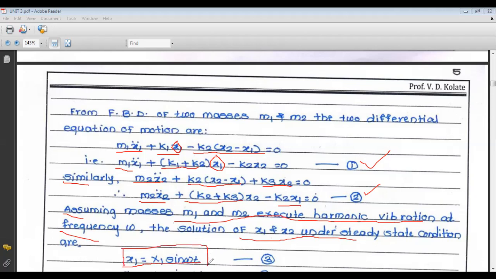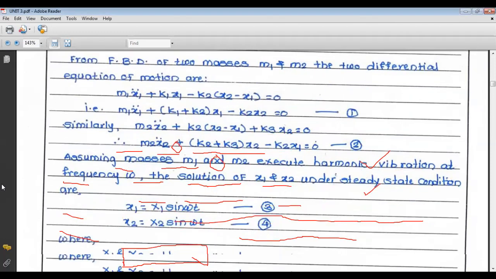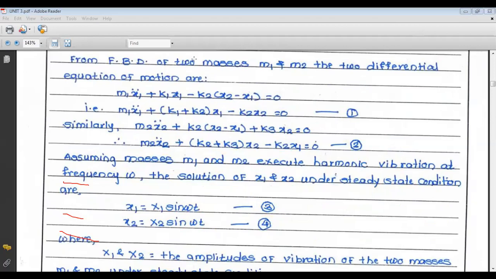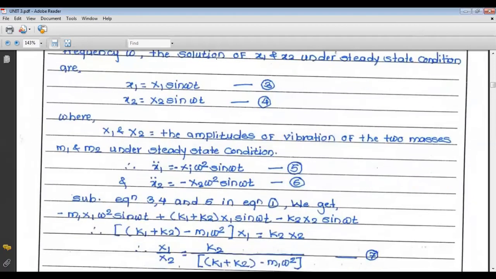It is given as x1 equals capital X1 sine of omega t because it has a harmonic vibration. Similarly, we have the value of x2 as capital X2 sine of omega t. So these are equation number 3 and 4.